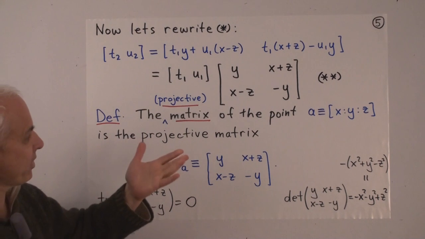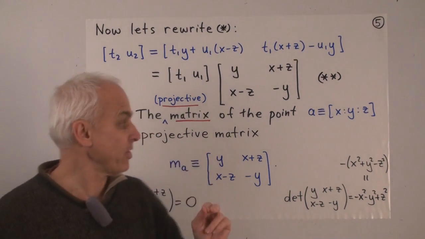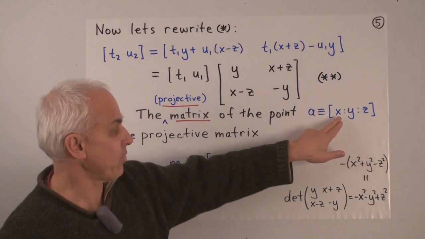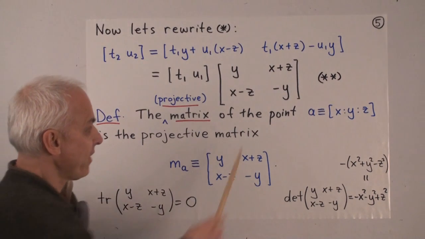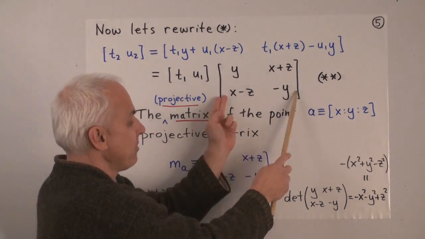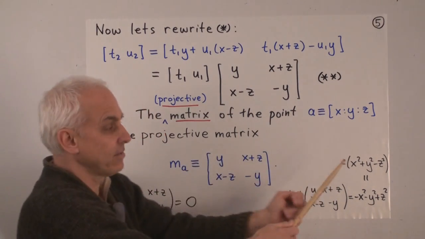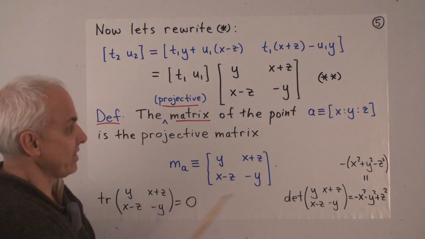Now have a look. What are the ingredients here? Well, remember that the point A that we started with was the point with coordinates x to y to z. That's what's being involved to create this matrix. So to go from this point, which is a point in our hyperbolic plane, to this matrix is pretty simple.